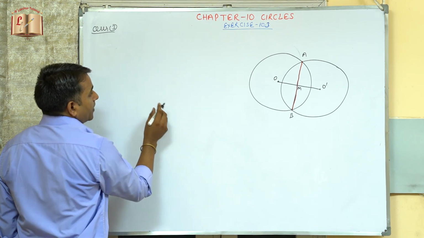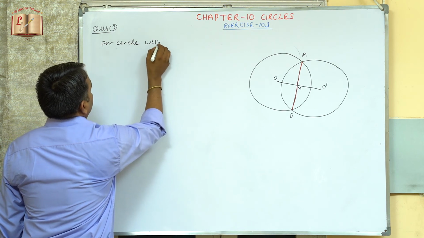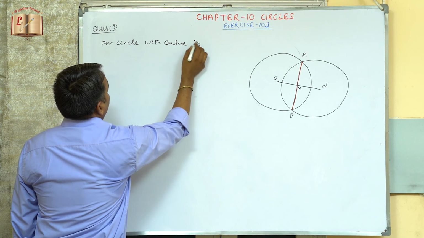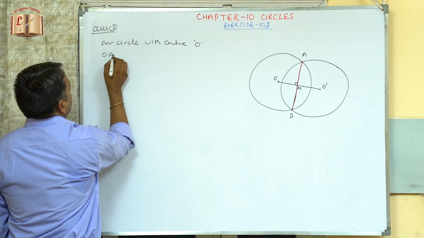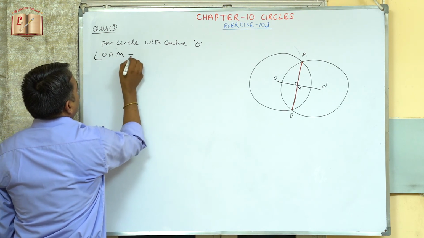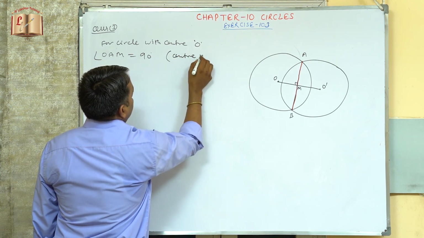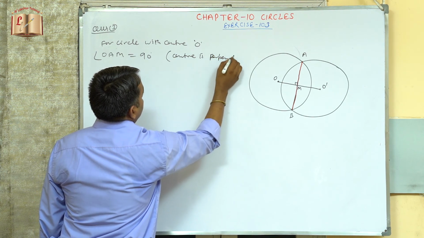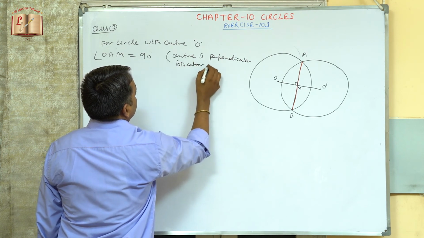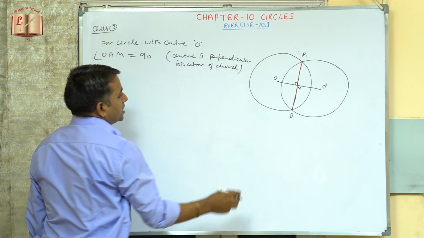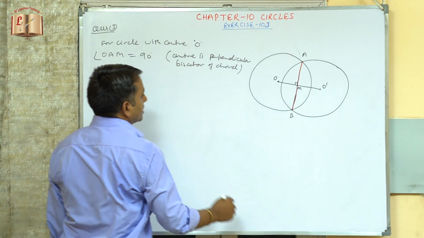Now see that for the circle with center O, angle OMA will be equal to 90 degrees because the line from the center is the perpendicular bisector of the chord. Means if a line is drawn from the center to this chord, it will be the perpendicular bisector of this chord.